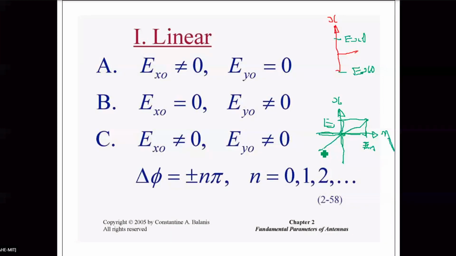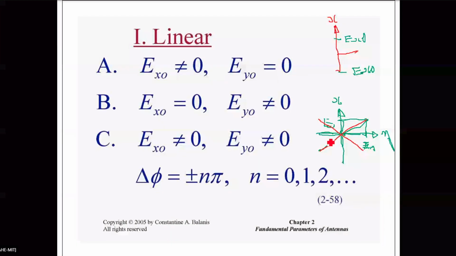Electric field will lie along this line, like this. So it will move from this point to this point, or it can be like this. If Ey is negative, it can be in this direction.